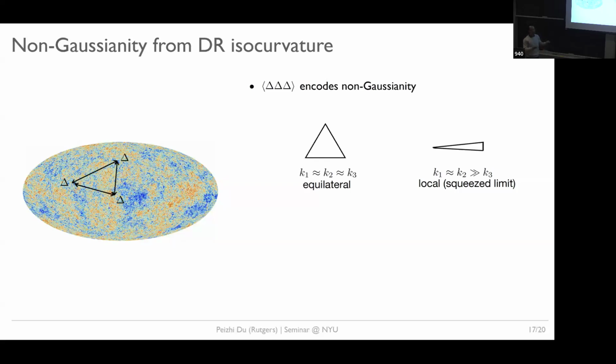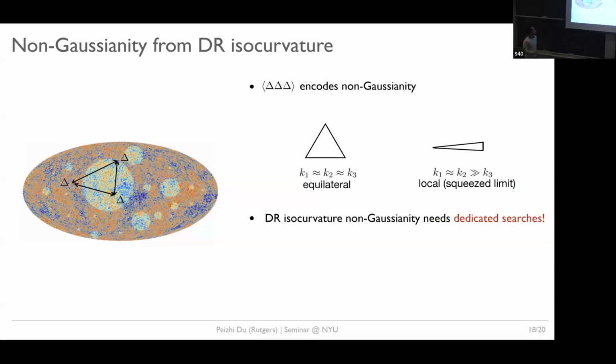But in order to get that, we need some templates. The typical templates people consider, I showed two of them here. One is called equilateral, where they assume the three K vectors are close to the same, like an equilateral triangle. Or in the squeezed limit, where two of them are much larger than the other one, it becomes like a squeezed triangle. Once people do these two, they can get a meaningful constraint on FNL, this one parameter.